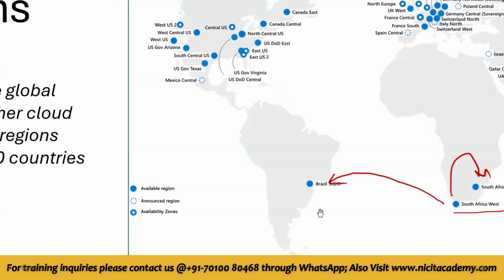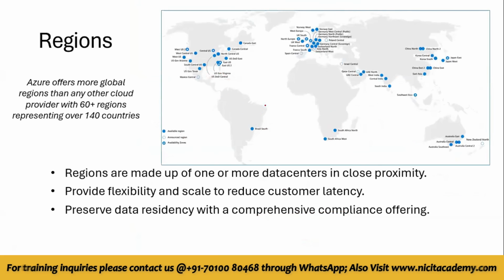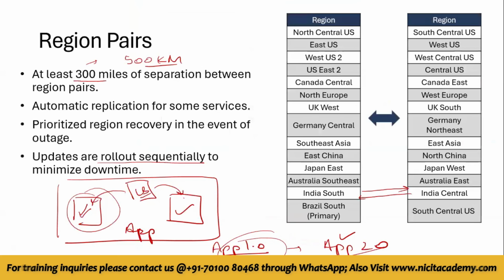With Brazil South, the data goes to South Central US. In case you want to create a region pair with Brazil South, the region pair is South Central US.